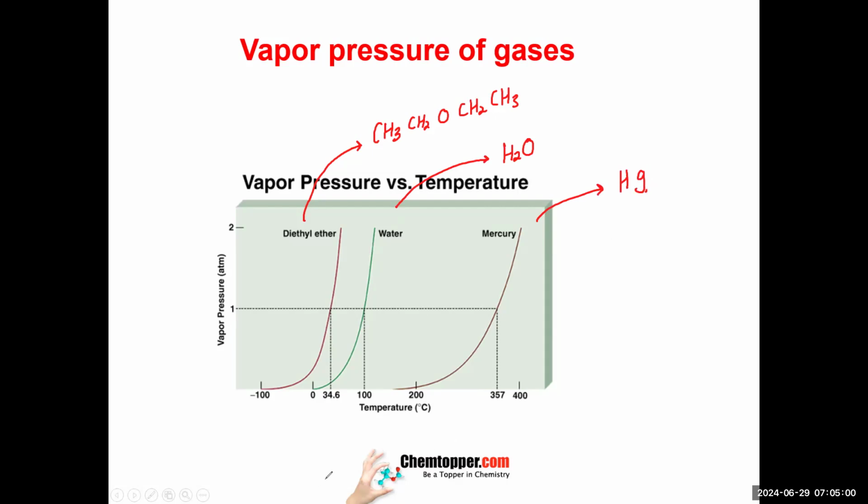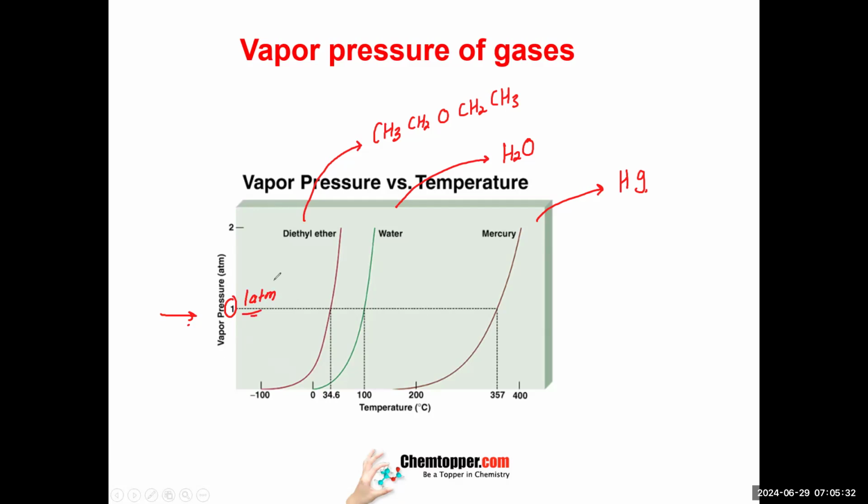Let's compare this temperature, 0. At 0 degrees Celsius, okay, here is the vapor pressure, right? So let's compare the vapor pressure is 1 atm here, 1 atm, this one. 1 atm is the normal pressure outside, 1 atm.